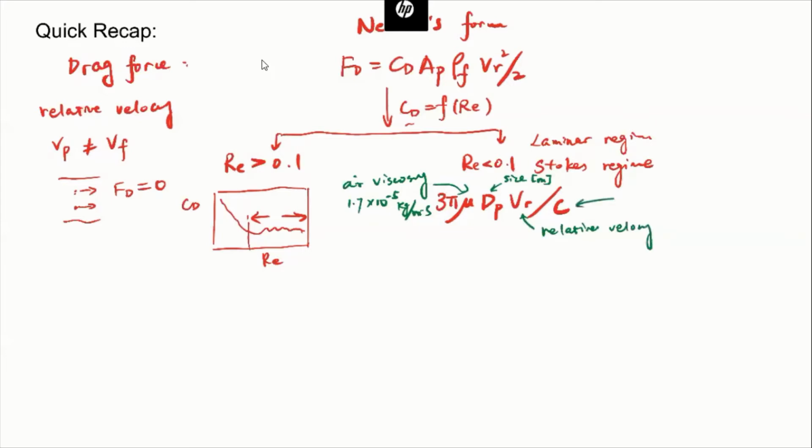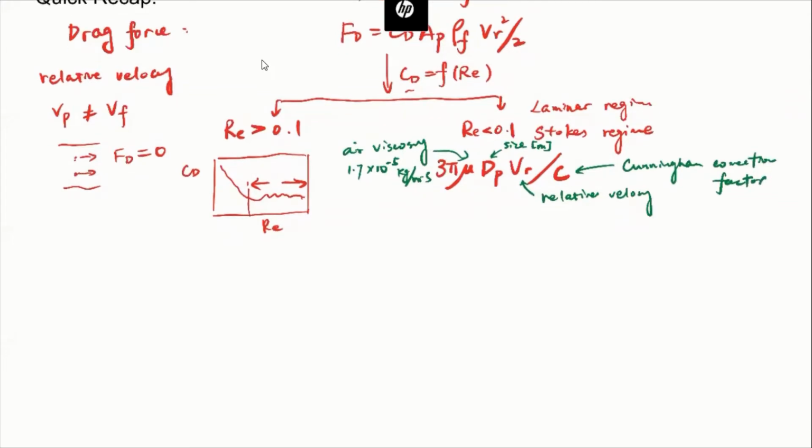And C here is the Cunningham correction factor. Further, the Cunningham correction factor is a function of the particle size and the mean free path. I think you guys worked on some problems for solving this Cunningham correction factor and then calculating the drag force. Okay, we'll stop sharing the poll results.